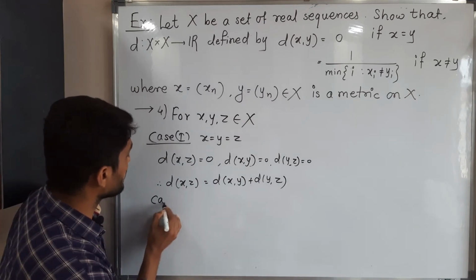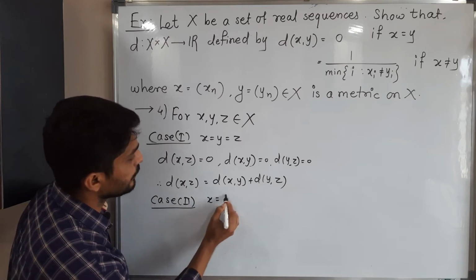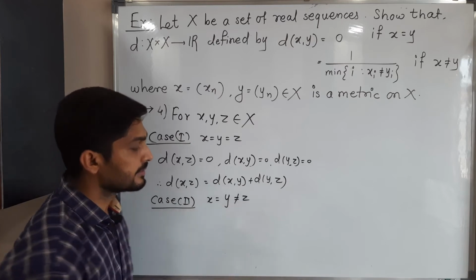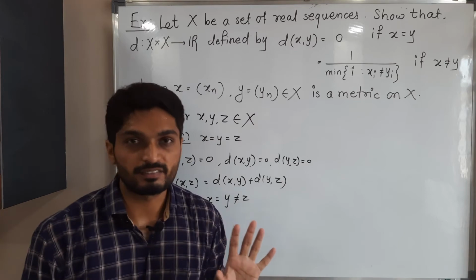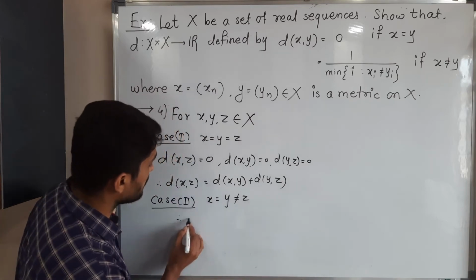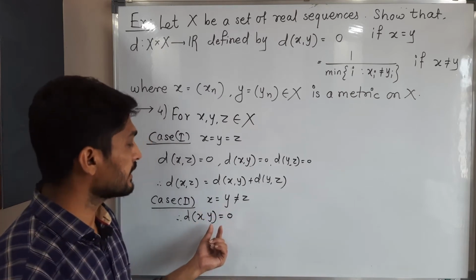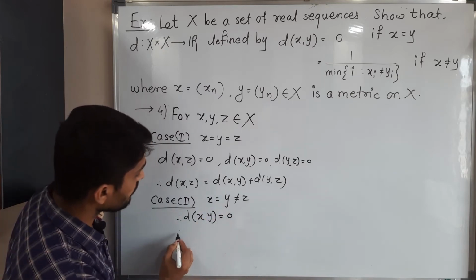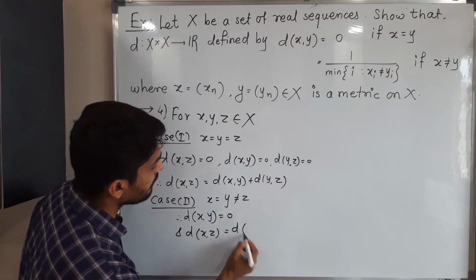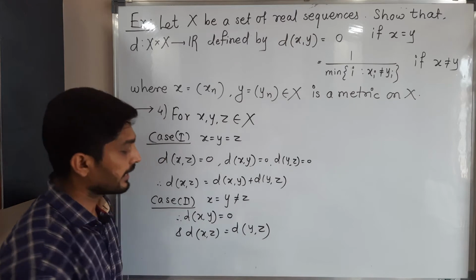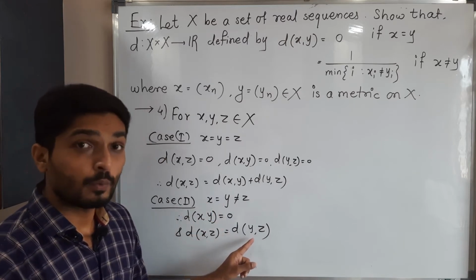Let us go for case number 2. You can also guess: case number 2 is x is equal to y, which is not equal to z. That means we consider the first two elements the same and the last one different. In this case d of xy is 0, since the elements are the same. And d of xz is equal to d of yz, since x is equal to y, so you can replace x by y.